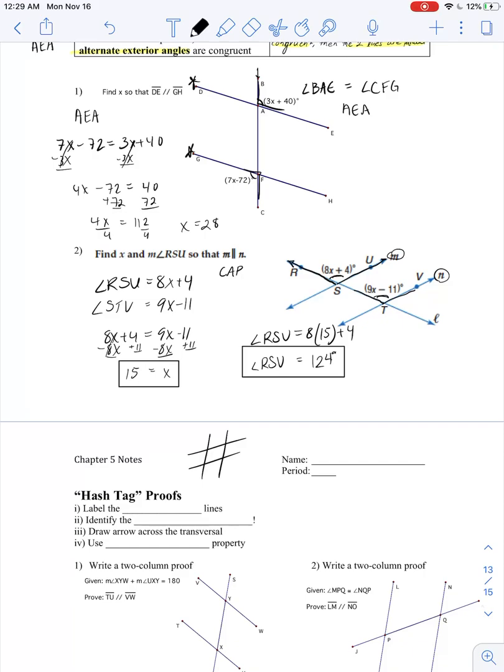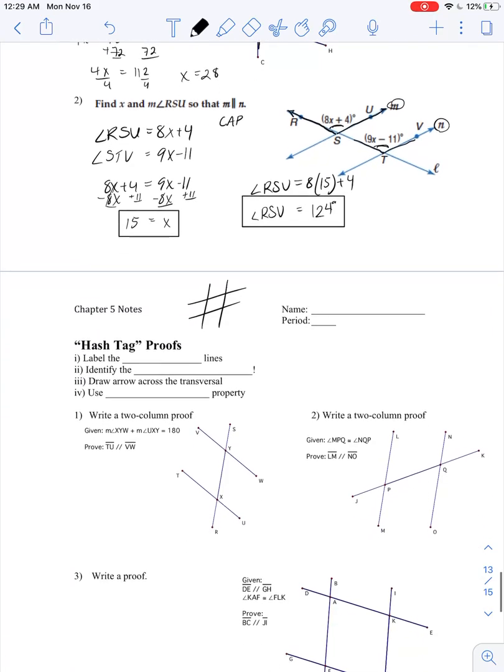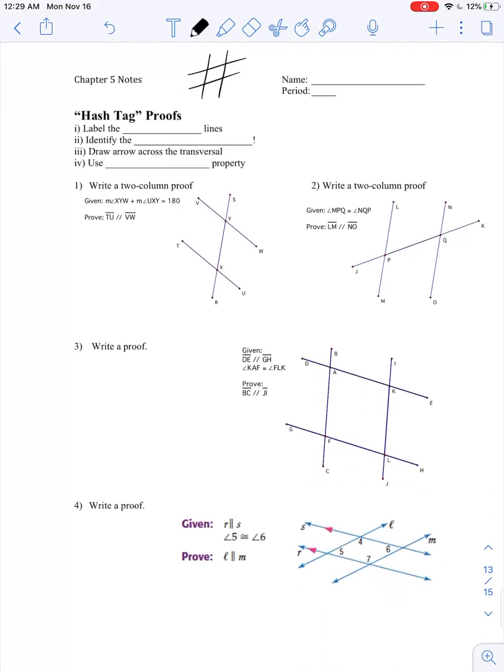It's also possible that you might be given consecutive interior angles, like these two angles here, in which case you would not set them equal. You'd add them up to 180. Same thing if you were given this angle and this one, they would add to 180. So make sure you're careful not to just set things equal just because we did that for those two examples.